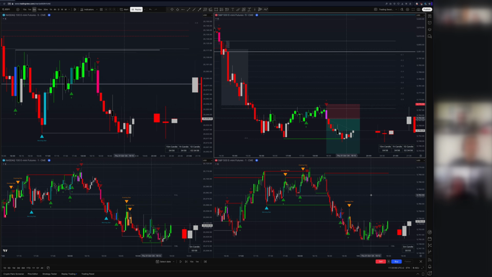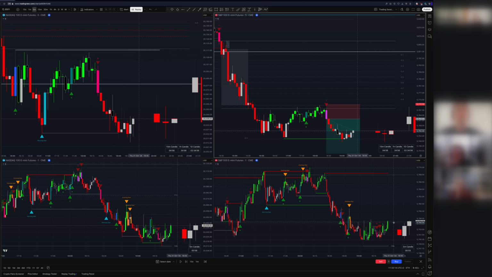Now it looks like it wants to go to the upside. So it's like a rising triangle. I close my trade.